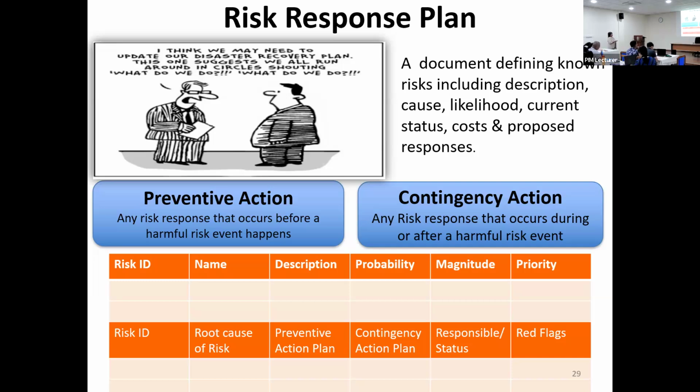And so we need to have this document defining known risks, including description, cost, likelihood, current status, and proposed responses, and all of that. Because the company also will take a decision whether I am going to live with this risk or whether I have funds to de-risk it. So that is the responsibility of the person who's proposing, to see how much it costs.